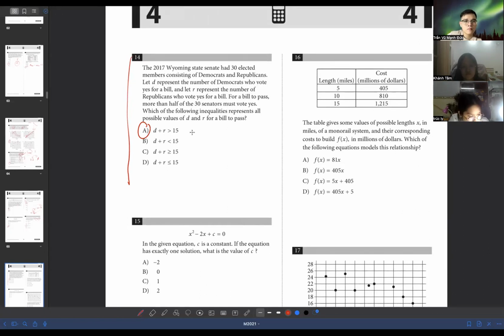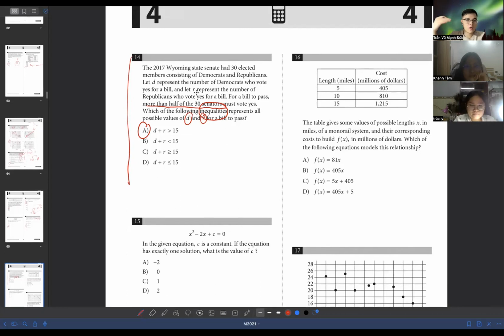They asked about the inequalities of the values D and R. So they also mentioned that the total of D and R must be more than half of the 13. Therefore, it comes to A. Okay, very good. The point is to look for the kind of information that you should be looking for.